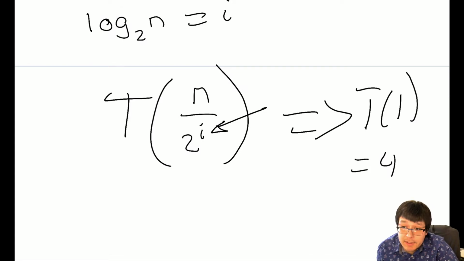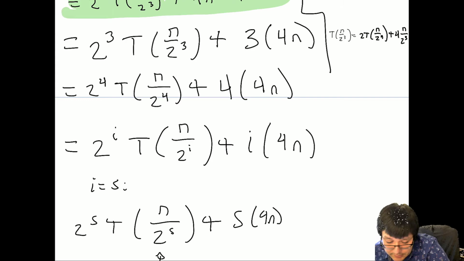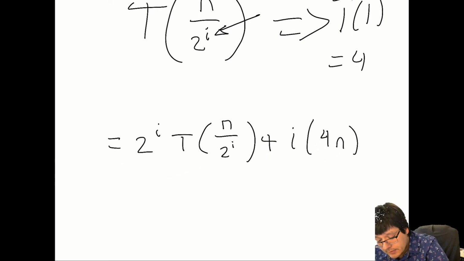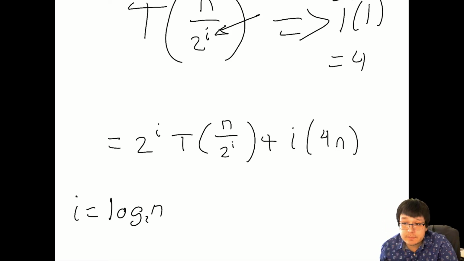So let's go ahead and plug it into the general solution. Let me copy the general solution here. And I know that i has to be equal to log of n, again log base 2. So let's just plug it in.